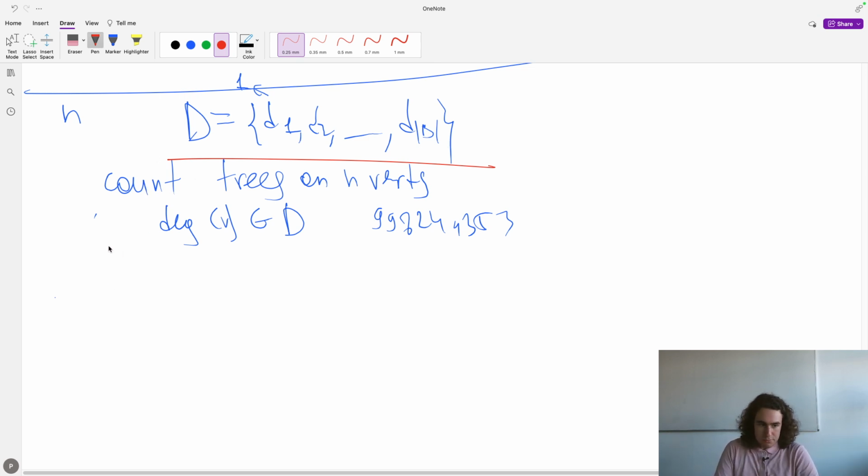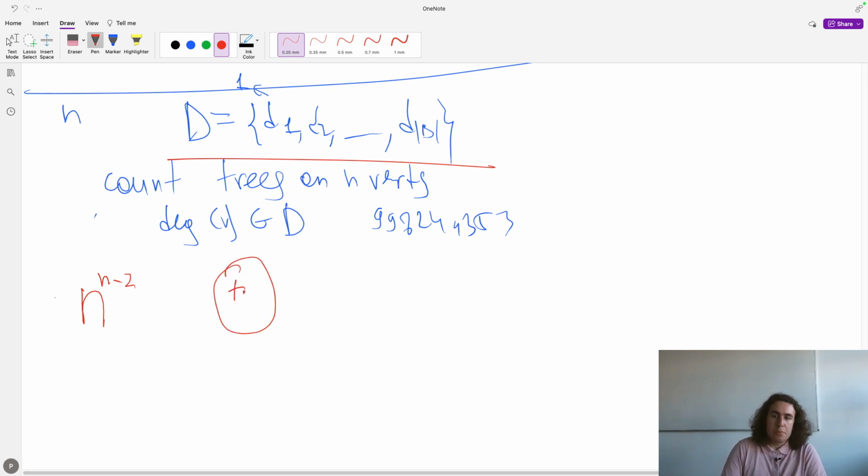This is a classical problem. Maybe you know this, maybe you don't, but the answer is n to the power of n minus 2. And the reason for that is that there is a bijection between trees on vertices 1 to n, and arrays of size n minus 2, where every element is a vertex of that tree.